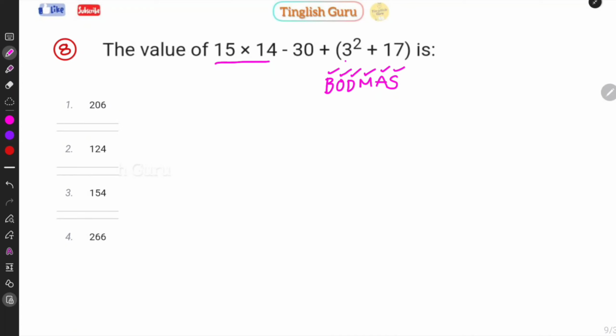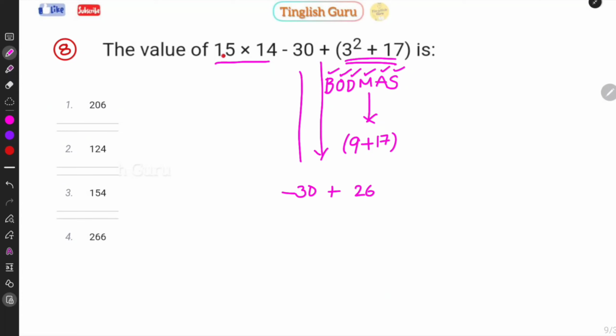First of all, we have to solve the values inside the bracket. That is 3 square plus 17, 9 plus 17. The value is 26, and plus 30, and minus, and we have to solve 15 into 14. 15 into 14 is nothing but 210, because 15 tens are 150 and 15 fours are 60.